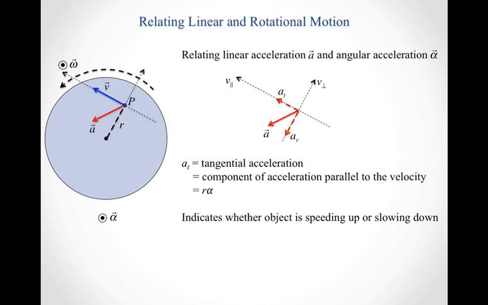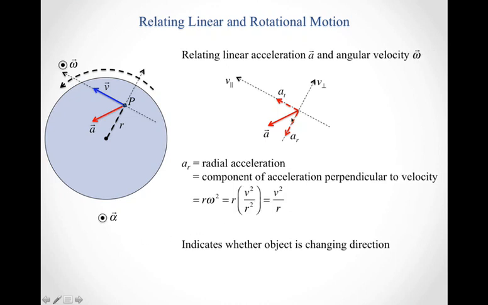The angular acceleration points in the same direction as the angular velocity, so sure enough that wheel is spinning faster and faster, which is what the tangential acceleration already told me: because the tangential acceleration points in the same direction as the velocity, this point is spinning faster and faster, and that only happens if the wheel is spinning faster and faster.